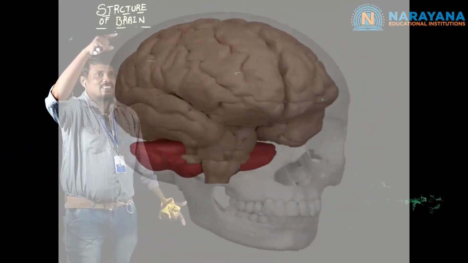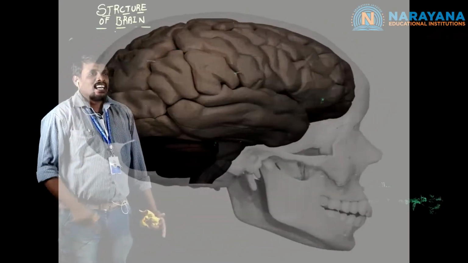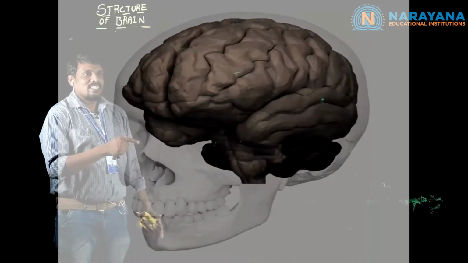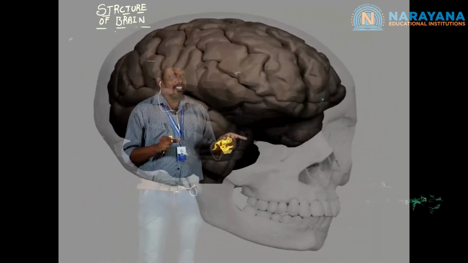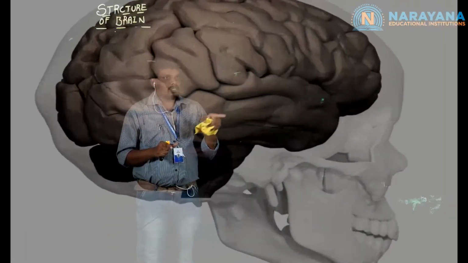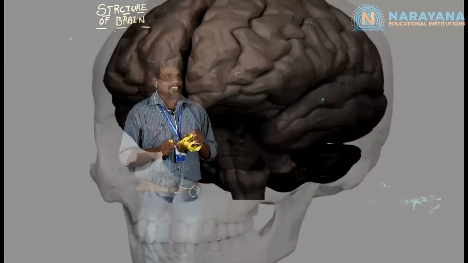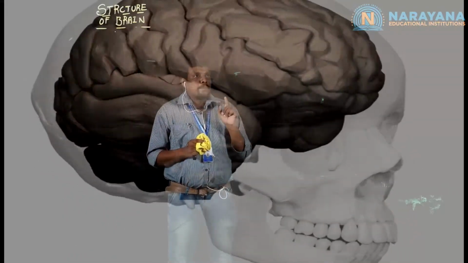Look at this diagram. So you can see the clear structure of the brain. And you can see the skull also, or cranium. So the cranium is giving protection, whereas the brain is located inside the box, isn't it? So you can see the three divisions of the brain.